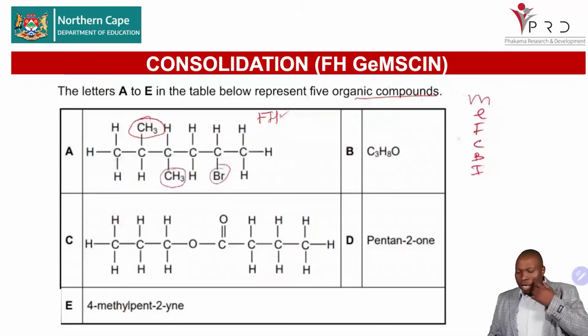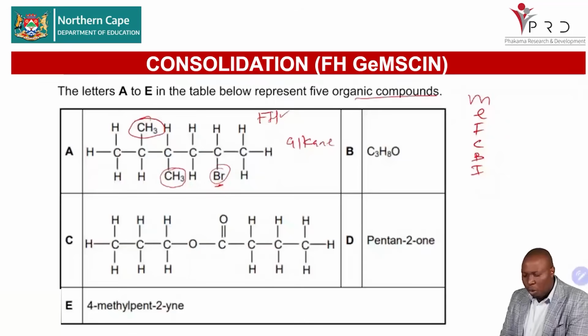But now, if we never had a bromo here, this would be an alkane, definitely. But because we have a bromo, which is a halogen, it changes the name to a haloalkane. It's a haloalkane, but halo, we're taking it as a substituent. The same way we treat halo is the same way we treat CH3 and CH3.